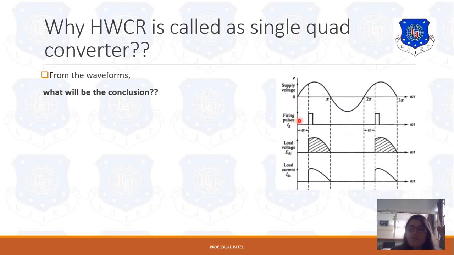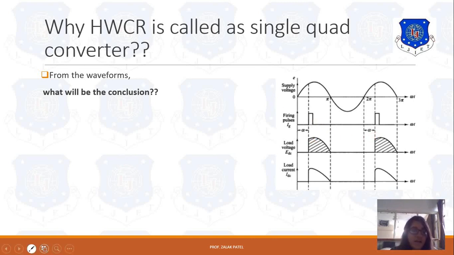From this waveform, the conclusion is that if we apply the supply voltage with a firing pulse at angle alpha, then the load voltage and load current will only appear in the positive cycle or be zero, again positive and again zero. So it will never go in the negative direction; it can be either positive or zero.